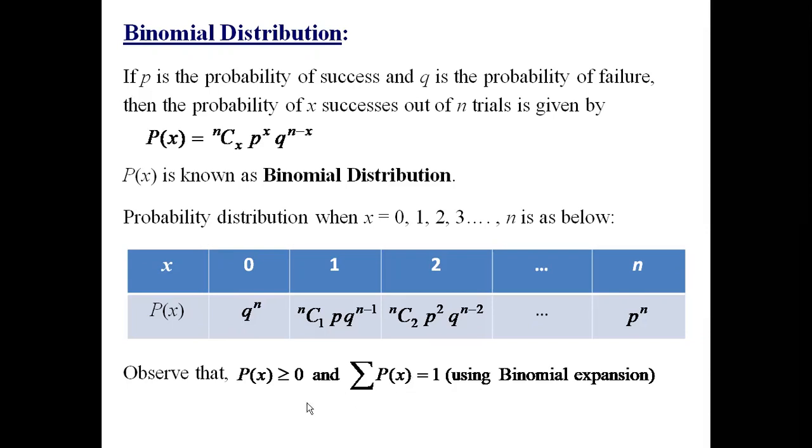When we add up q^n + nC1 p q^(n-1) + nC2 p^2 q^(n-2) + ... + p^n, the sum will be equal to 1. Since both conditions of a probability distribution are satisfied, we conclude that the binomial distribution P(x) = nCx p^x q^(n-x) is a probability function.